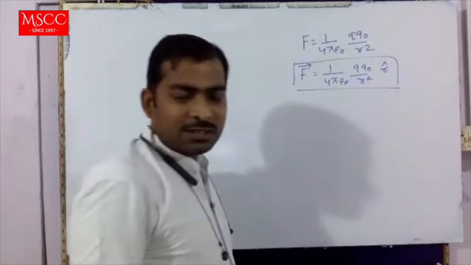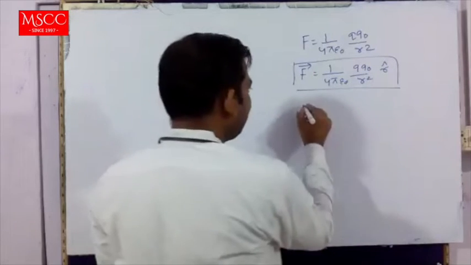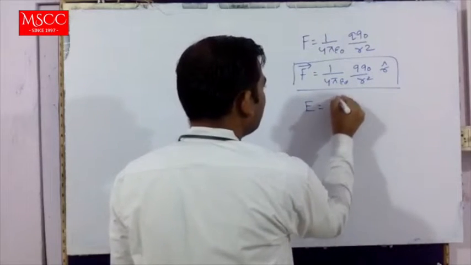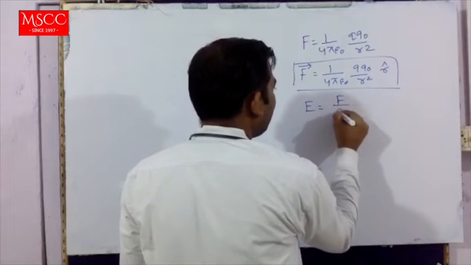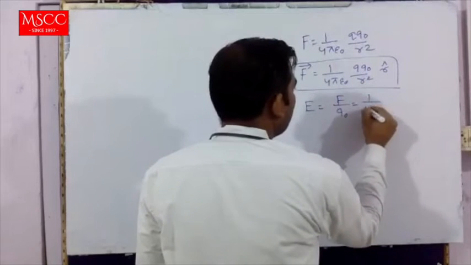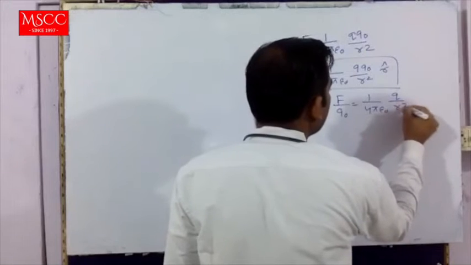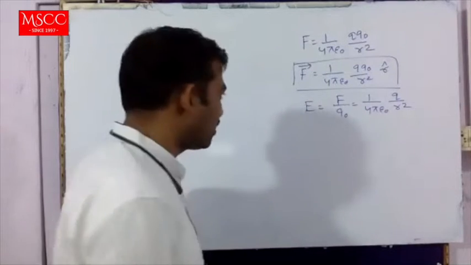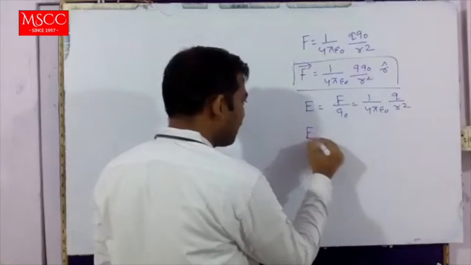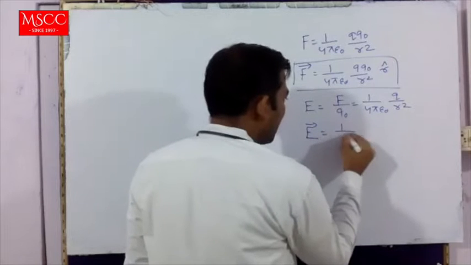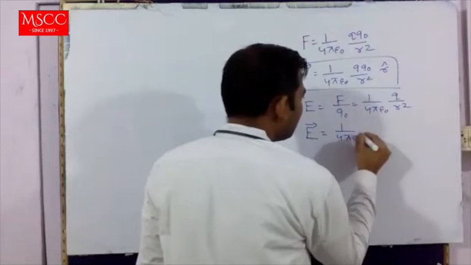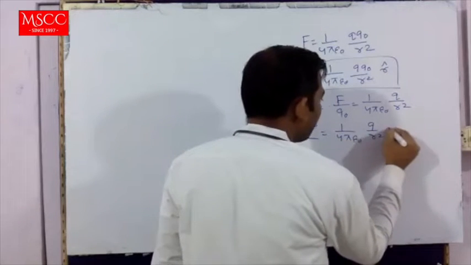In case of electric field intensity, E equals F by Q naught, that is 1 by 4 pi epsilon 0 Q by R square. In vector form, we can write 1 by 4 pi epsilon 0 Q by R square R cap.